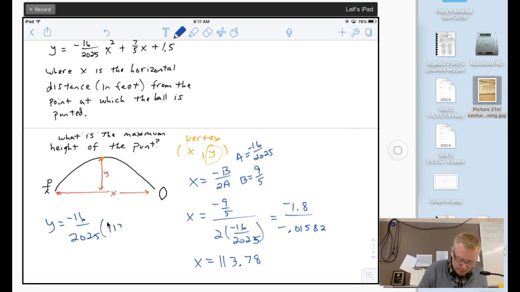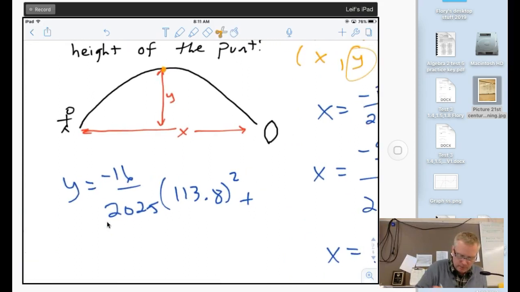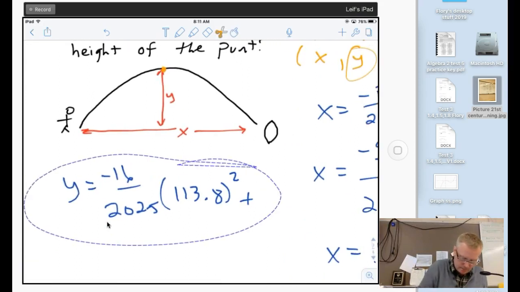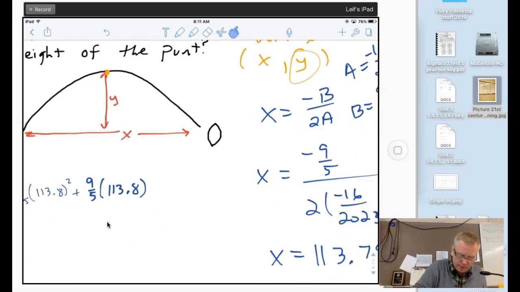So 113.8 squared plus 9/5 times 113.8 plus 1.5.